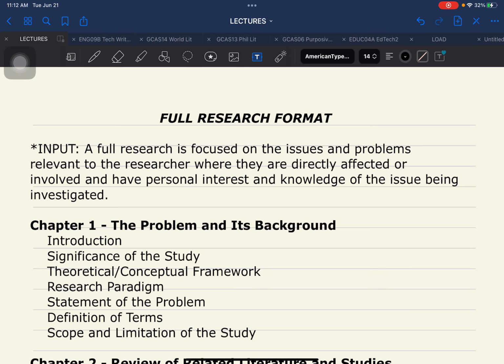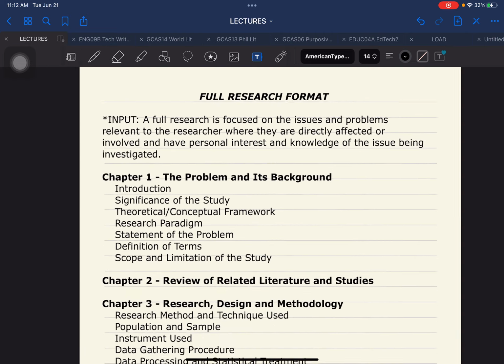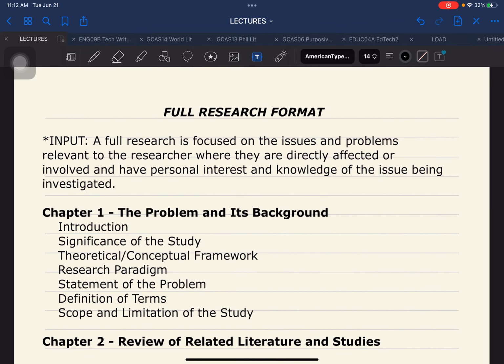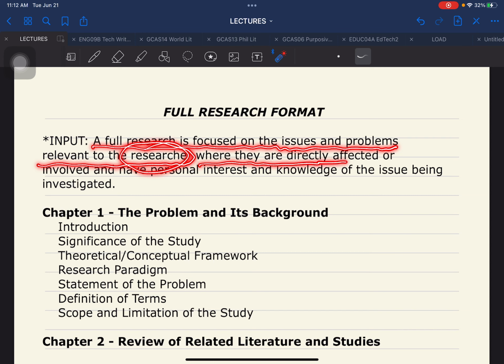So when we talk about full research format, this usually consists of 5 chapters. So you have chapter 1 to chapter 5. So let's start with the input of this full research format, which is usually focused on the issues and problems relevant to the researcher, the writer, where they are directly affected. The writers are directly affected by the problem being investigated. So basically, that is one of the focus of a full research format.